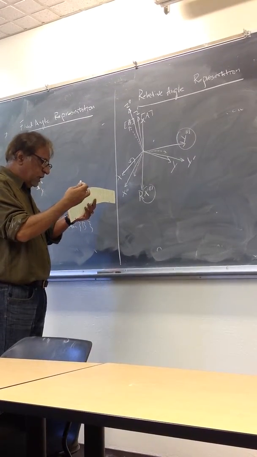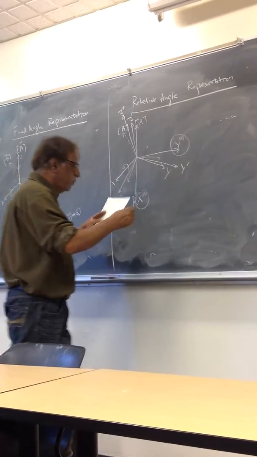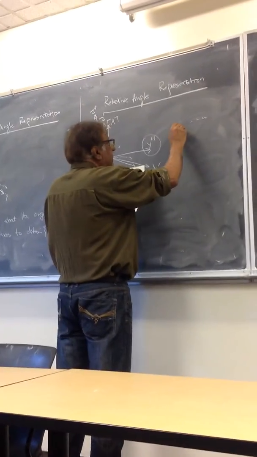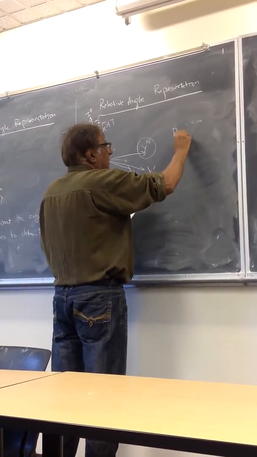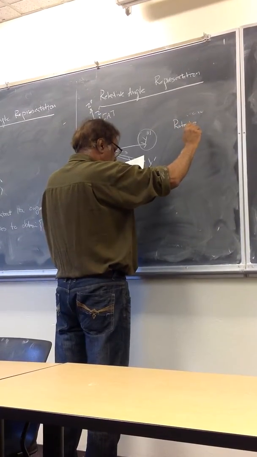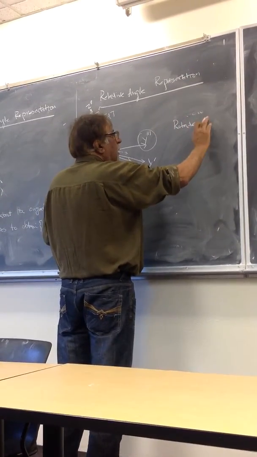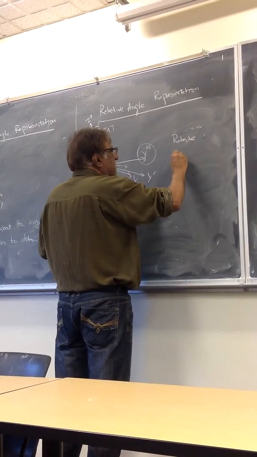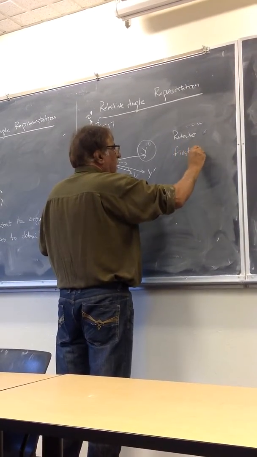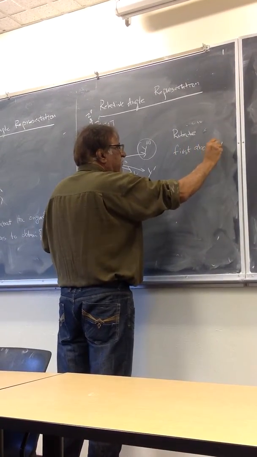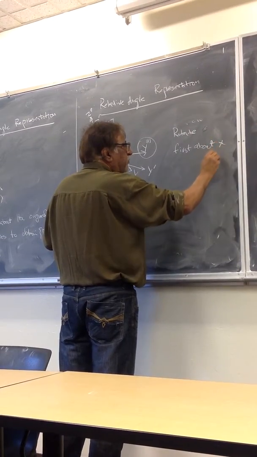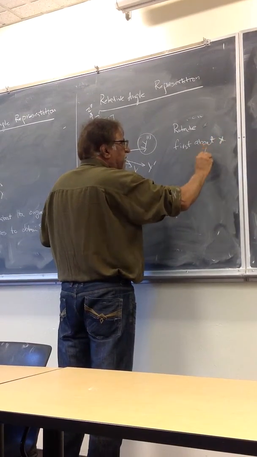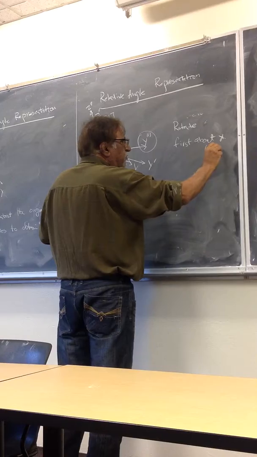So we say rotate first about X, and if you rotate about X, you get Y prime and Z prime.